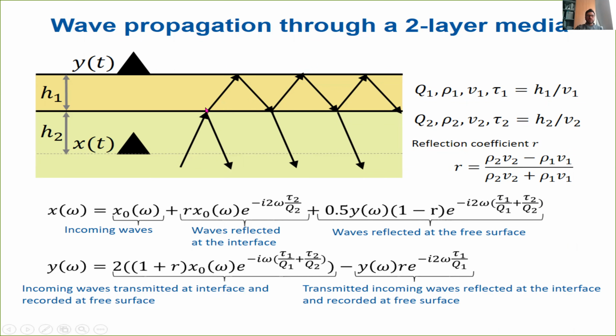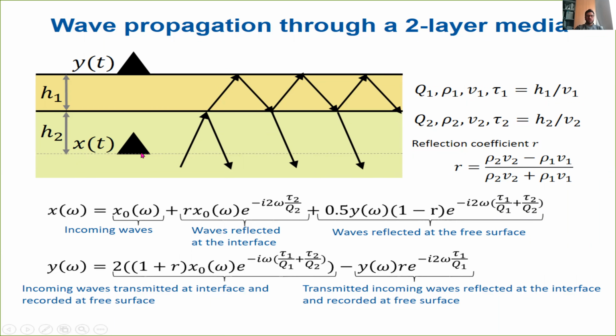Plus, we have the wave that goes up and reaches the surface, so it's identical to what we recorded at the surface divided by 2, once again. Only one part is going up, because it's the part that is not reflected at this boundary, so it's the part that is transmitted here, and then it will take a time that depends on the propagation in the first layer, tau1, and the propagation in the second layer, tau2.